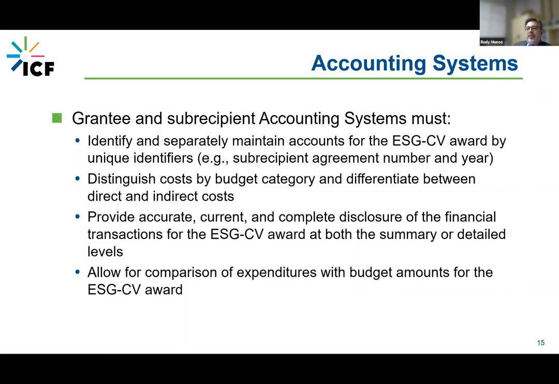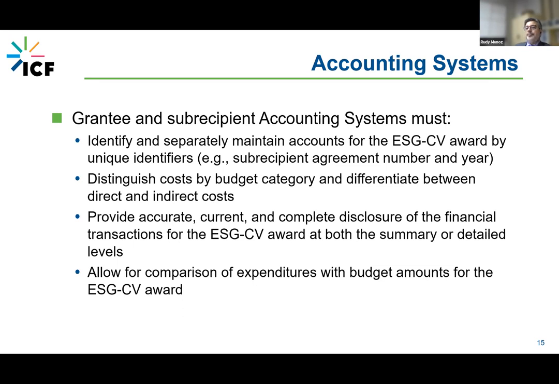As an example, the unique identifier could be the subrecipient's agreement number and the year that they received the grant funds. They must also distinguish costs by budget category and differentiate between direct costs and indirect costs.